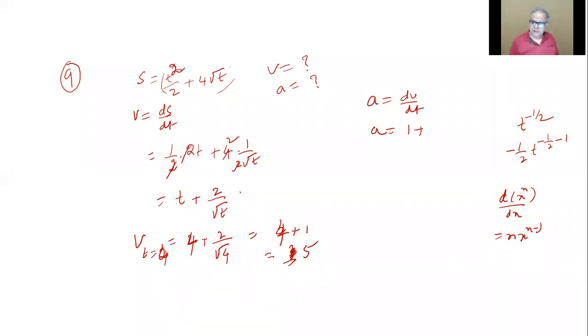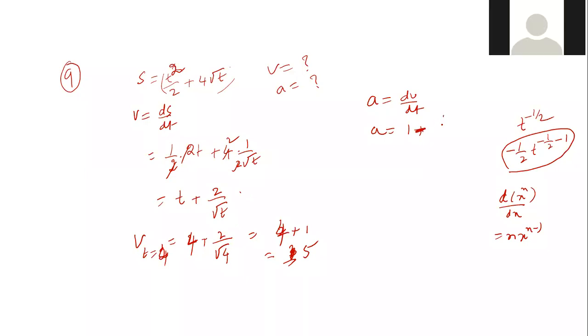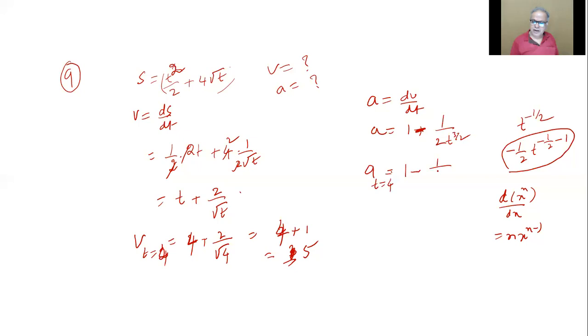Accordingly, it will be 1 minus 1 by 2 t to the power 3 by 2. So at 4 seconds it will be 1 minus 1 by 2 into 4 to the power 3 by 2.